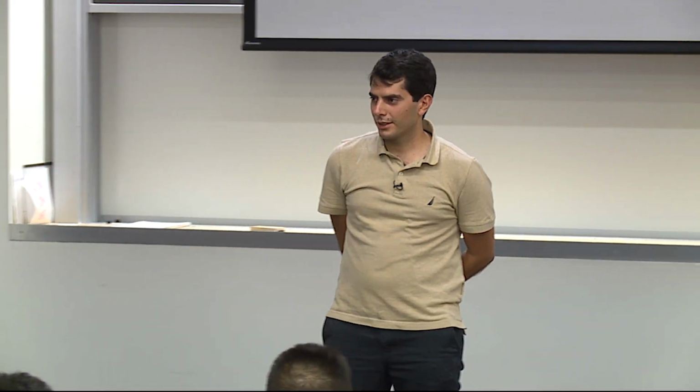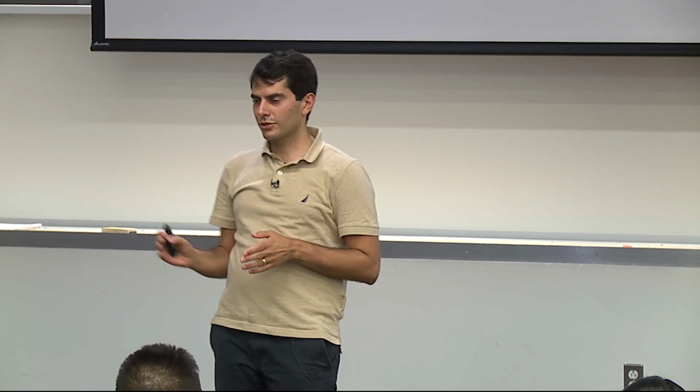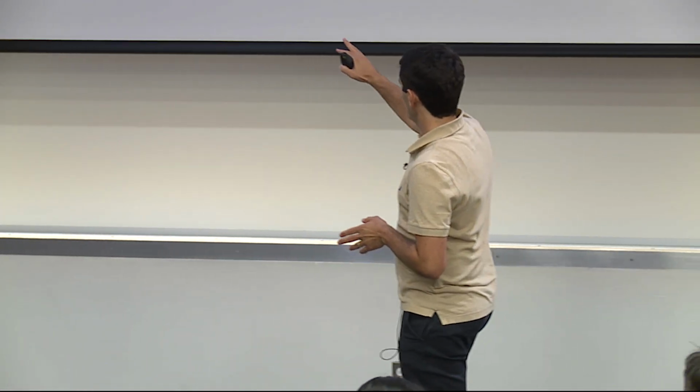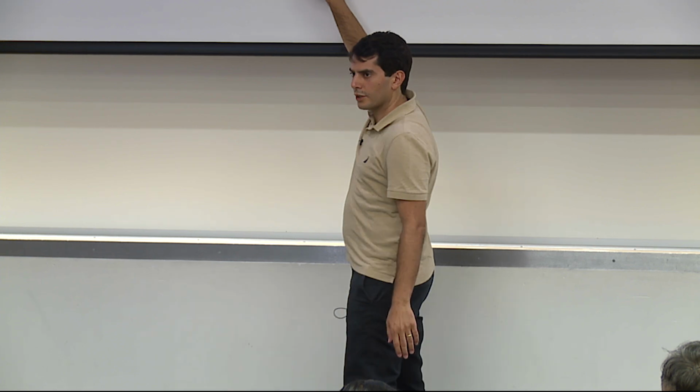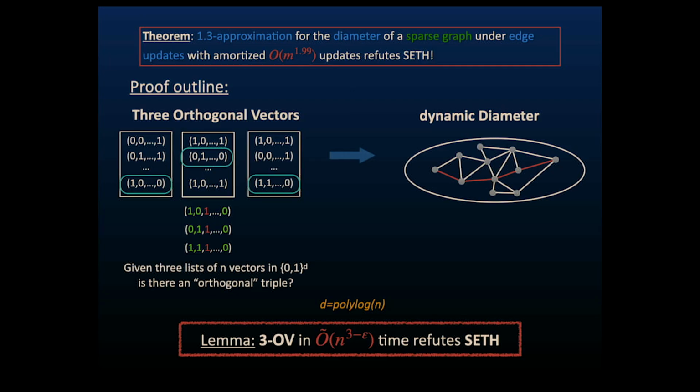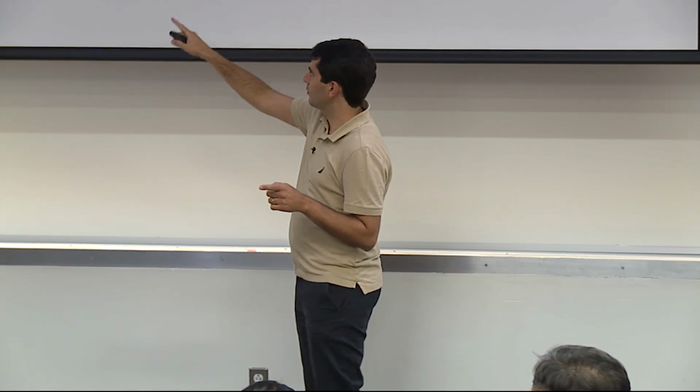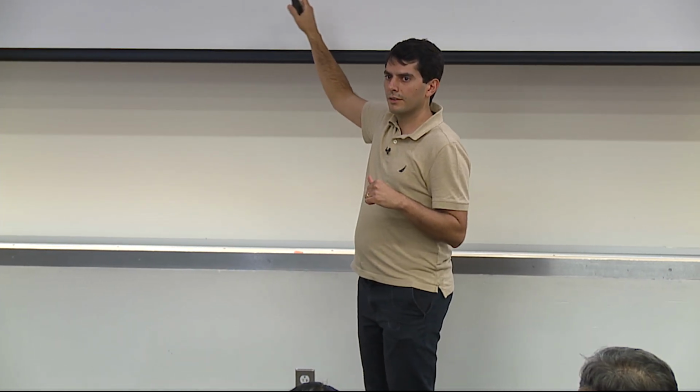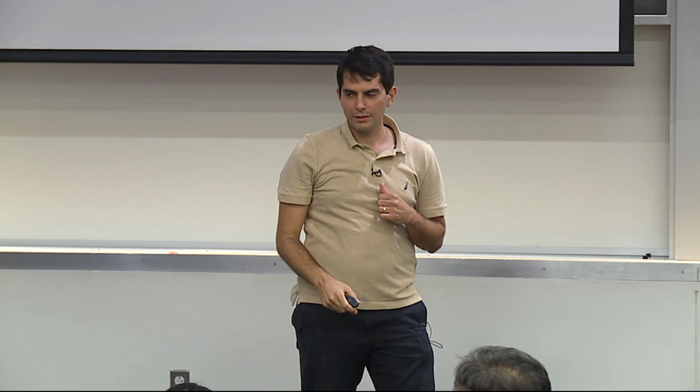A tight reduction means: if you break this running time, okay, SETH is false, fine. But do you also refute the 2OV conjecture? Do you also get subquadratic for OV? This we don't know. But what I'm saying is, if you get 2OV in subquadratic time, then you get subcubic for 3OV.